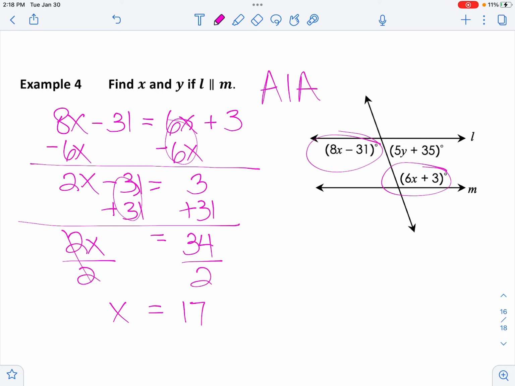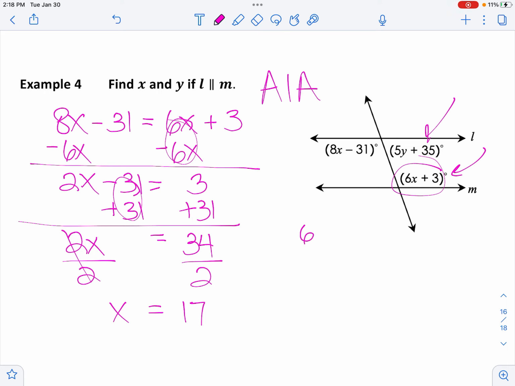Okay, so I want to plug it in to this one because I want to know what that is. I know that this one and this one added together should give me 180, but I need to know what this is first. So let's figure that out first.